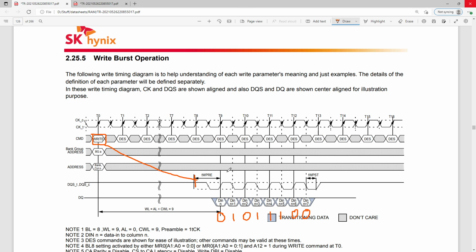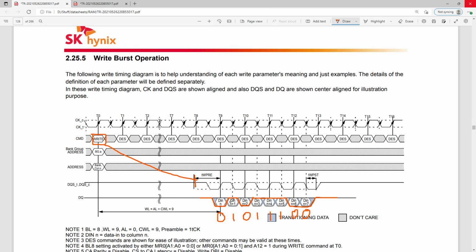When we're doing this write operation, because we want to send a 0, the memory controller drops the voltage on the data queue. Then we want to send a 1, we raise the voltage back up. Then we lower it again because we want to go to 0. Then we raise it back up. We're sending a bunch of 1s, so we just hold it high for a little bit. Then we want to send 2 zeros, so you hold it low, and then you go back to the idle state.